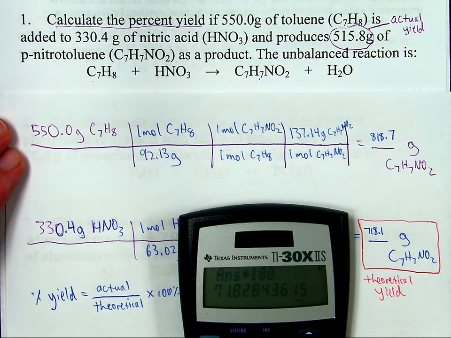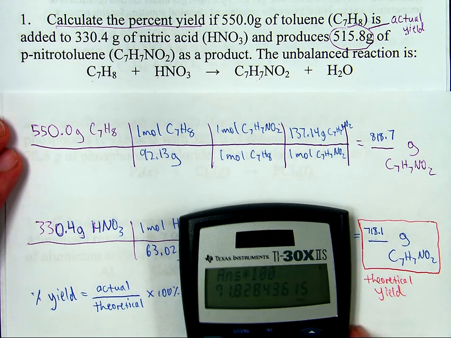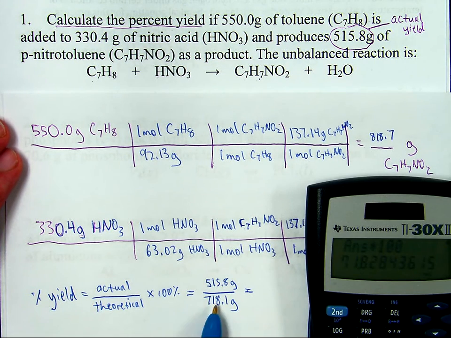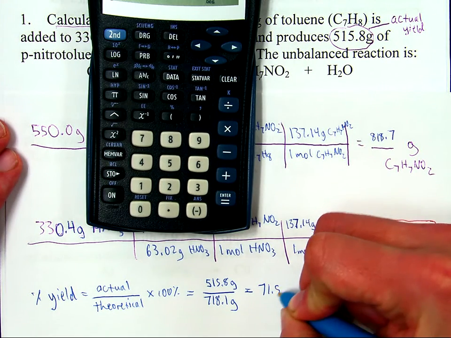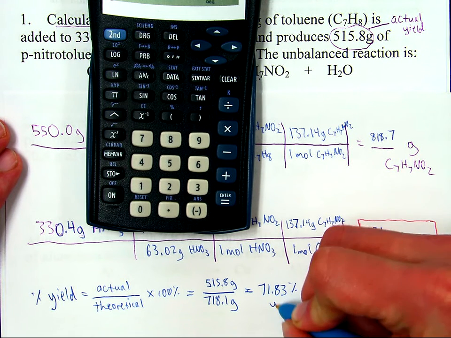That's your percent yield. Now let's round that to the correct number of decimal places. We got 4 sig figs here, so we'll need to pick 4 sig figs here. So we'll call it 71.83% yield.